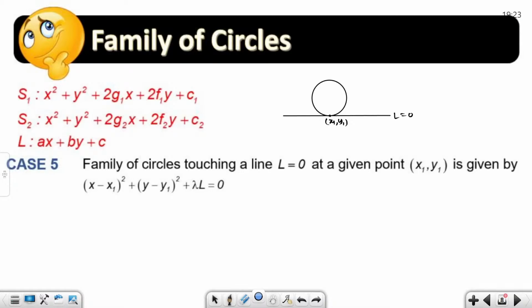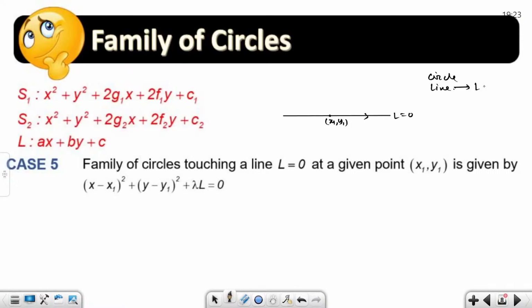How to do this? Again, we want two things. This circle is not given to us. Only this line is given and this point is given, nothing else. To find the family of circles which are touching this line at the point x1, y1, I need two things, the same basic: one, give me a circle; two, give me a line.